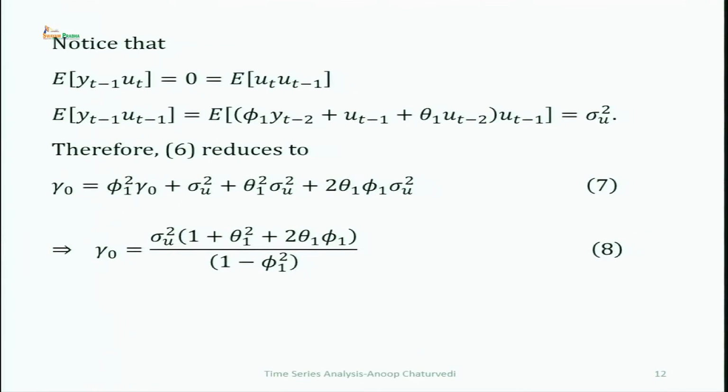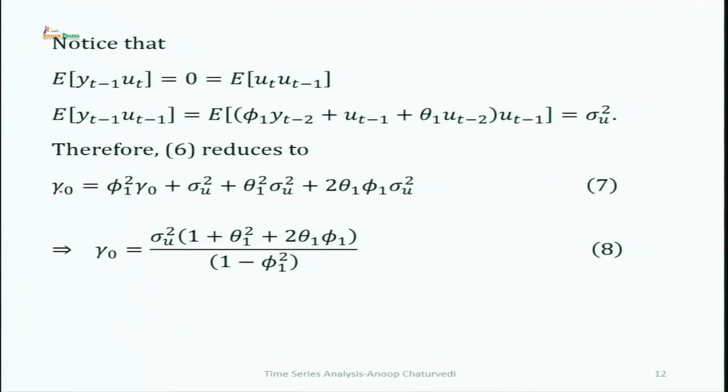So, we substitute the values of these two expectations in equation 6, and then finally, you can write 6 as gamma naught equal to phi 1 square gamma naught plus sigma square u plus theta 1 square sigma square u plus twice theta 1 phi 1 sigma square u. Again, you take this term phi 1 square gamma naught towards the left hand side.